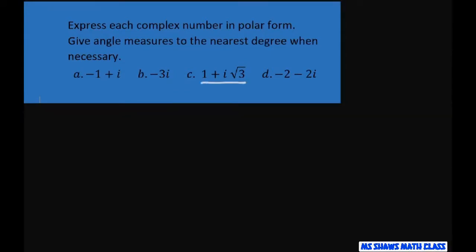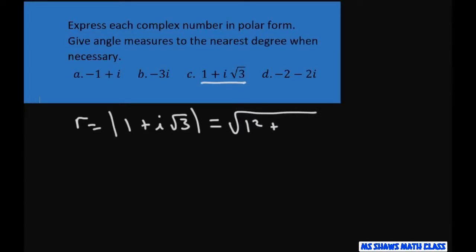All right, next one, we have this. We're going to find r, the absolute value of 1 plus i square root of 3, because we want the positive arrow. That's going to be the square root of 1 squared plus square root of 3 squared, which equals 2.